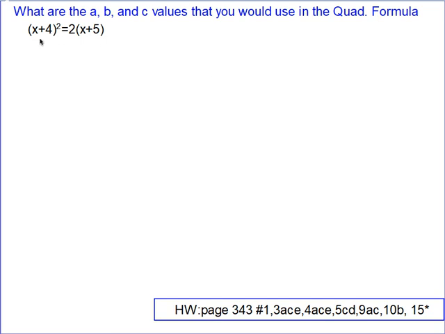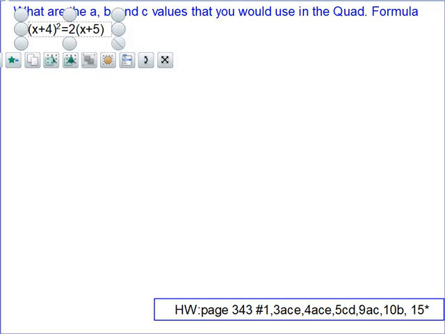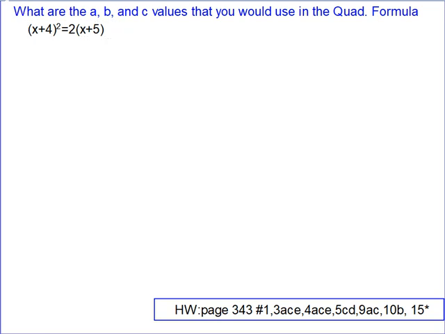Well, it doesn't look so pretty here. We got x plus 4 squared equals 2 times x plus 5. Okay, so what we would do in this situation is we would just expand and simplify. So what do I mean by that? Well, the x plus 4 squared is really x plus 4 times x plus 4, right?